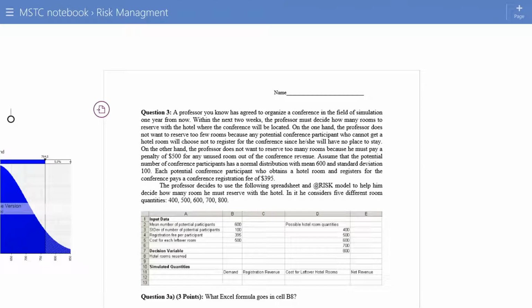So just to give an overview, there is a professor who wants to organize a conference, and he has to select the proper number of hotel rooms to get for all of his guests.